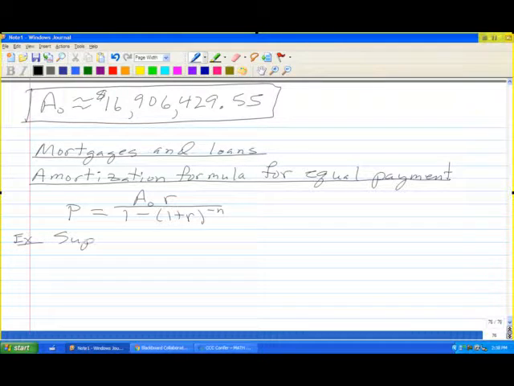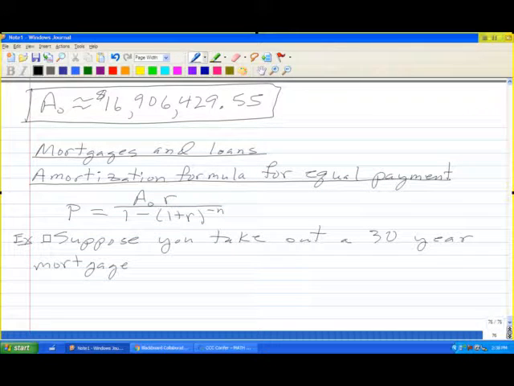Suppose you take out a 30-year mortgage of $700,000.